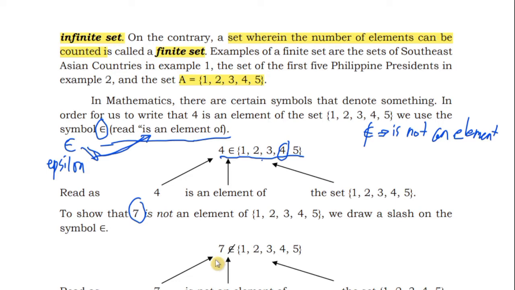So it is written as 7 is not an element of the set 1, 2, 3, 4, 5.